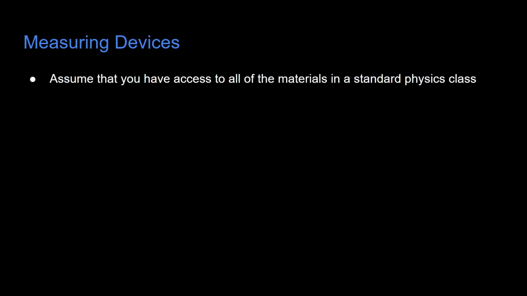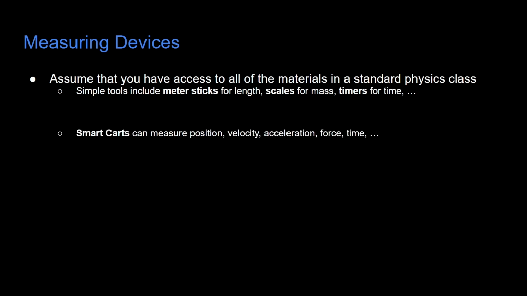So, on to measuring devices. Assume you have access to basically anything you'd need in a standard physics class. Don't underestimate your simple tools like meter sticks, scales, timers, etc. But of course, if you have access to them, smart carts can measure position, velocity, acceleration, force, and time, but those have all the bells and whistles.